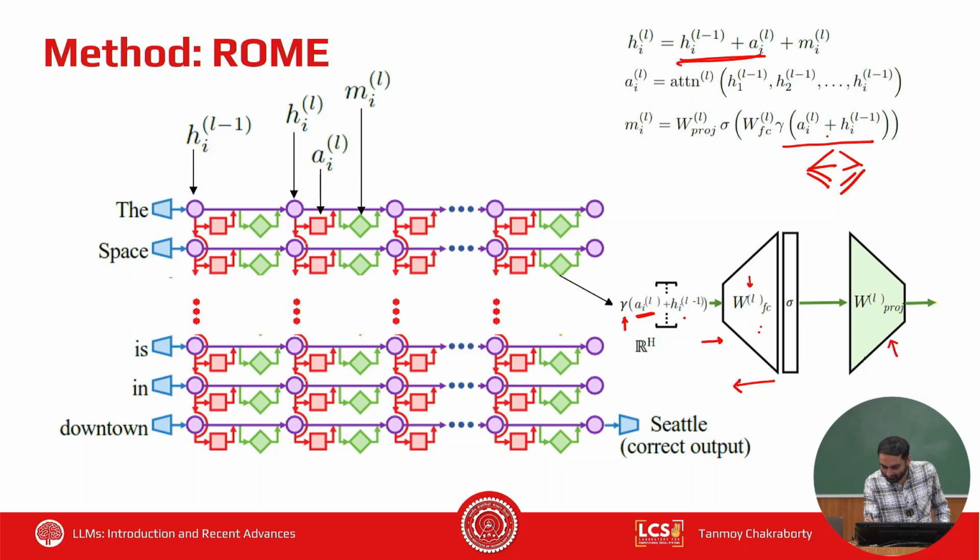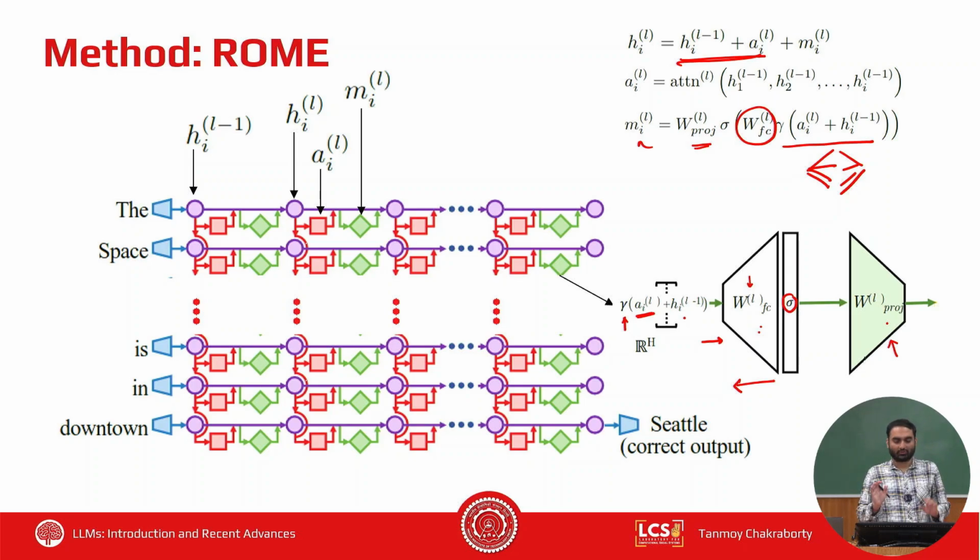Now this will be fed to the parameter W_FC, and it will be multiplied. Then again another non-linearity. This will be fed to another layer which is W_project, and it will produce the output of the MLP, which is M_i at the Lth layer.